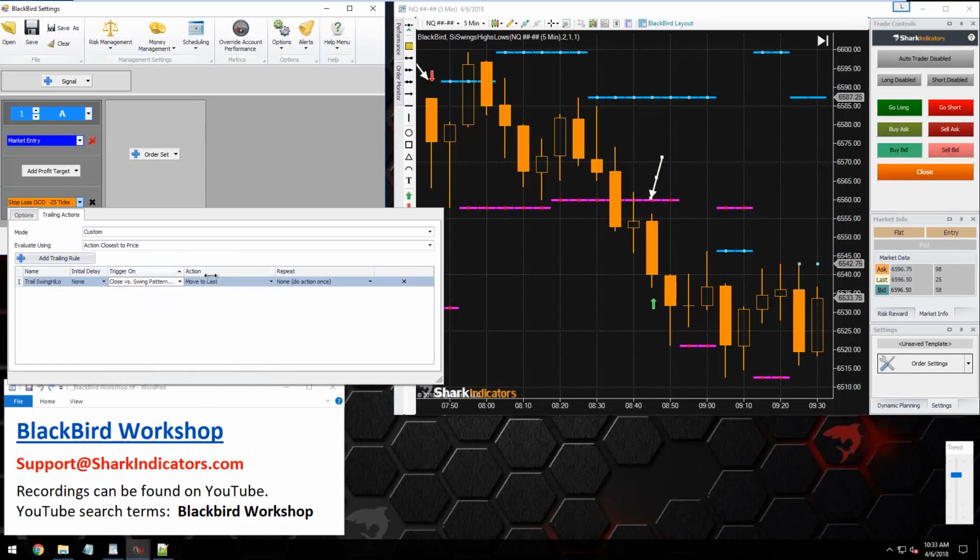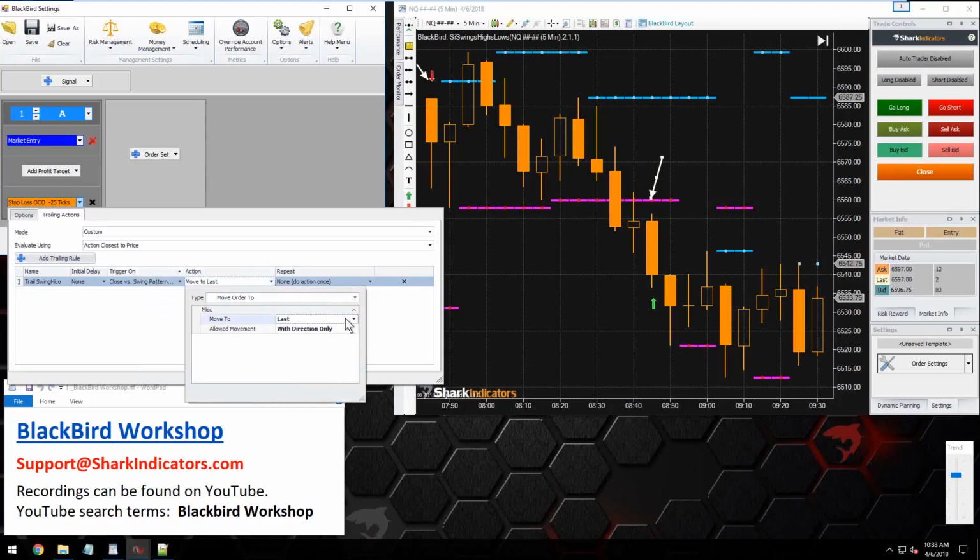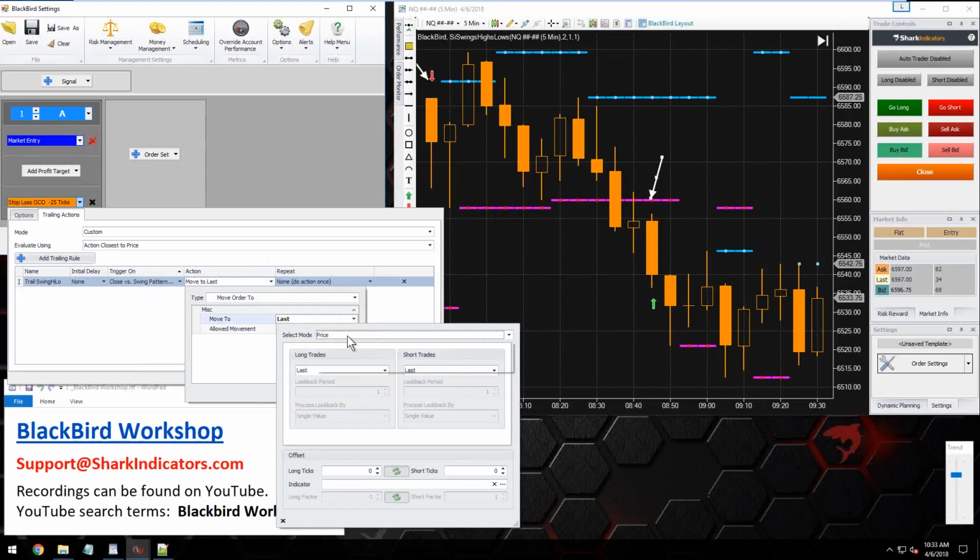And then the next step is just to set up our action. We want to move our stop loss to that swing point. Let's set the settings here, 2 and 1. We went with the bottoms, swing lows, and this is where the stop loss is going to get moved to. You probably don't want to have an offset of 12 ticks here.